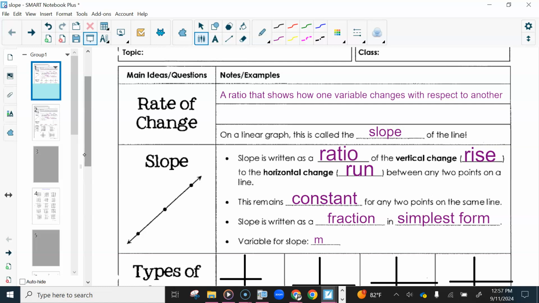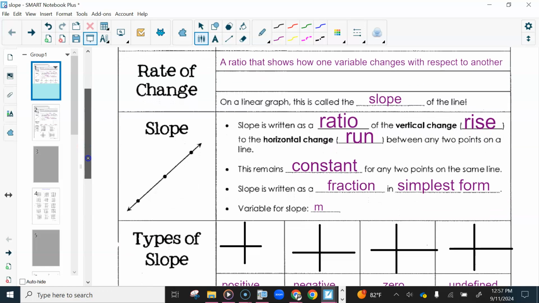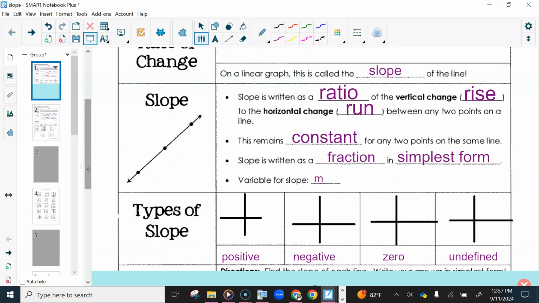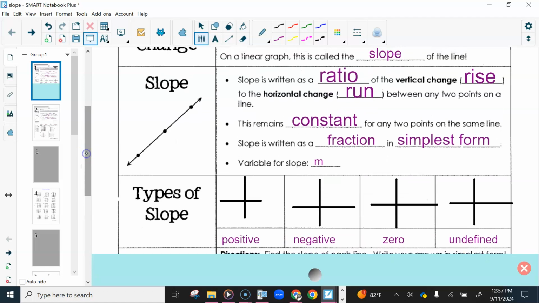Once you have these, I want you to draw these 4 graphs and write these 4 words. Positive, negative, 0, undefined. So just draw this to the best of your ability in each of these boxes and then write those 4 words. We're going to describe them here in a second.